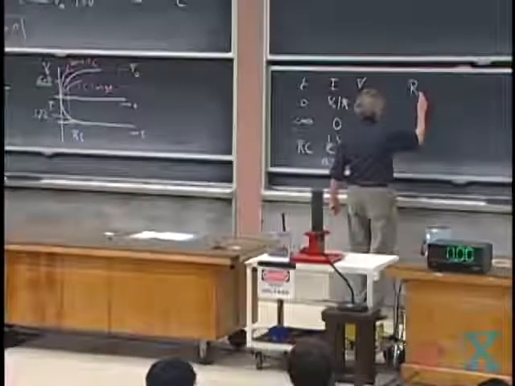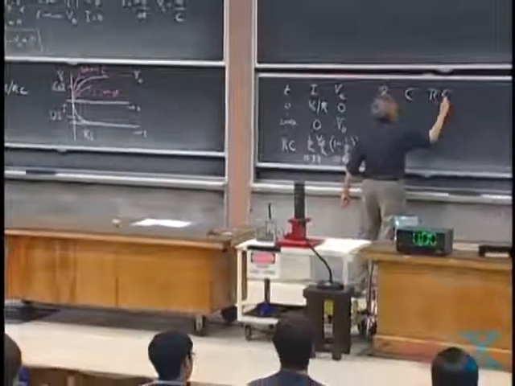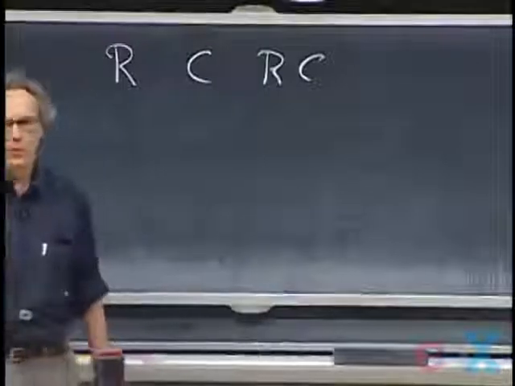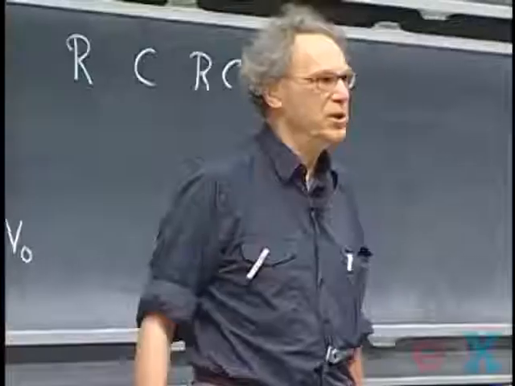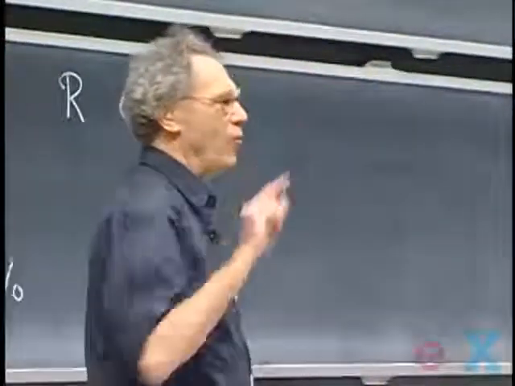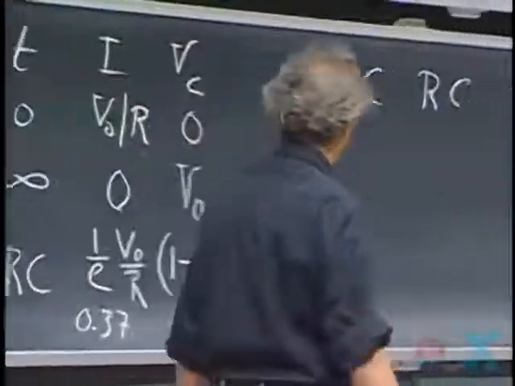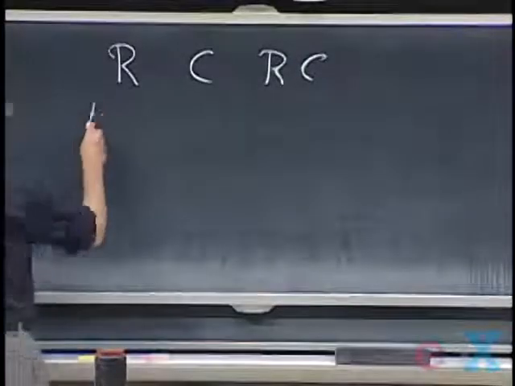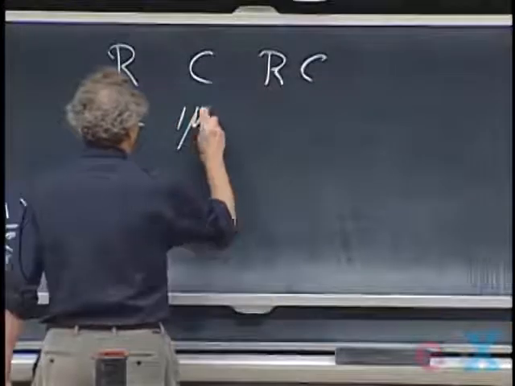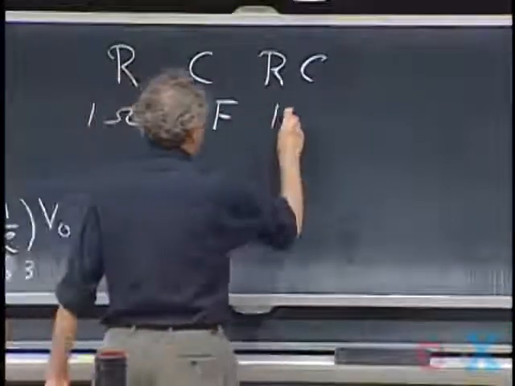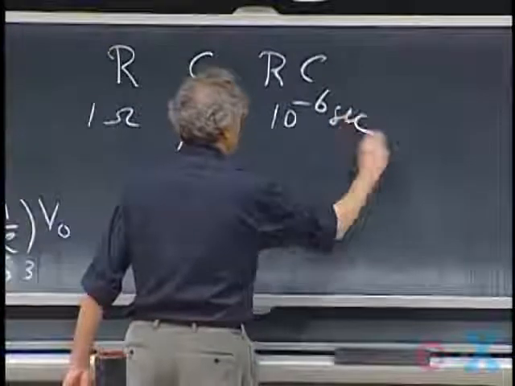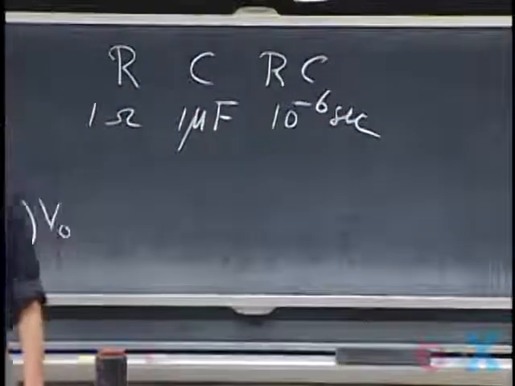If we have here an R and a C and we want to know what the RC time is, convince yourself that the product of R and C indeed has units of seconds. Remember, we had L over R before, which had also units of seconds. RC also has units of seconds. If you have R equals 1 ohm, and C is 1 microfarad, then the RC time is only a microsecond.